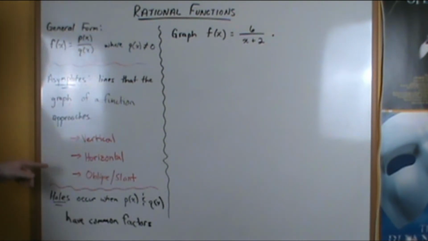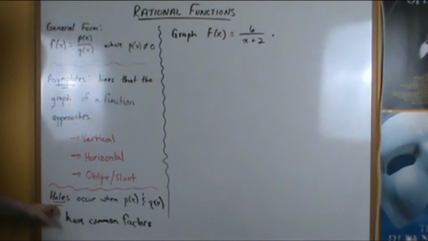Something interesting here is that a graph can have a vertical and a horizontal asymptote, but it can never have both a horizontal and an oblique or slant asymptote. It'll either have a horizontal asymptote or an oblique or slant asymptote. It won't have both in the same graph.